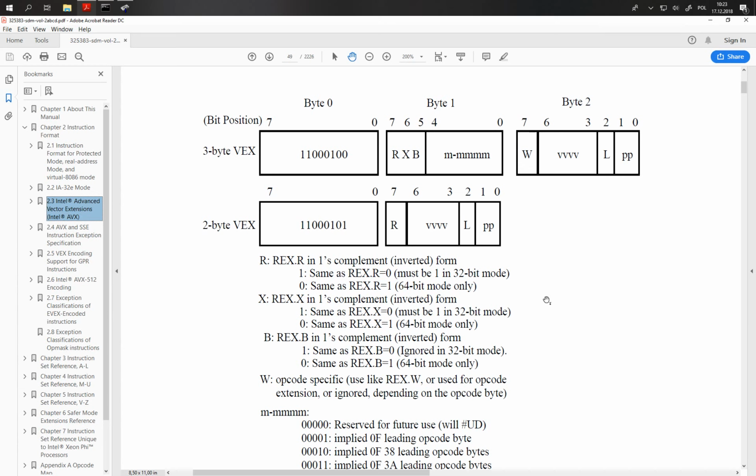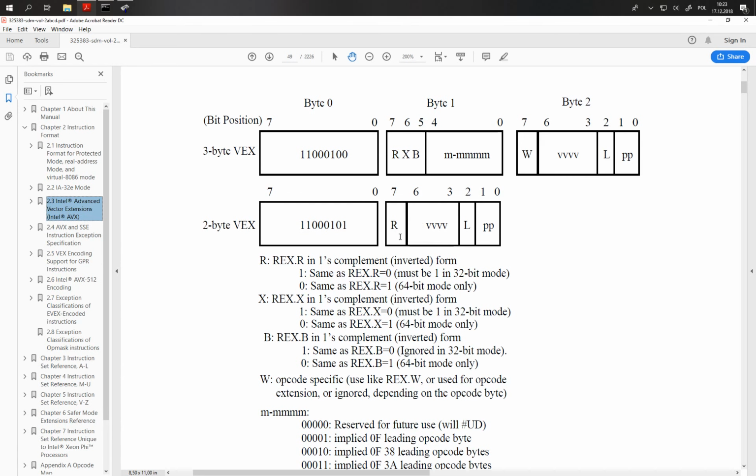We do not have access, by design, to the additional 8 registers. So R and X and B are going to be 0 normally, as encoded in VEX. And with this inverted encoding in VEX, they are going to be 1s. And this ensures that these two highest bits are 1, 1. So there is no conflict with LES or LDS instructions.